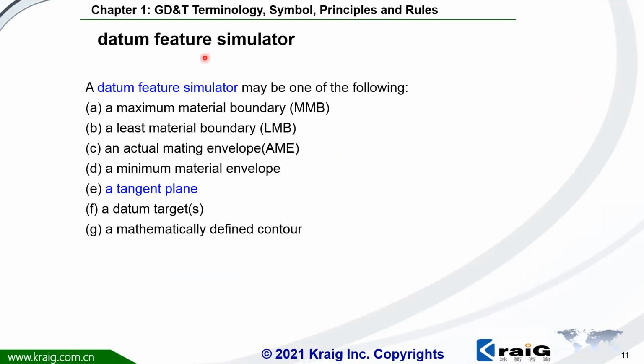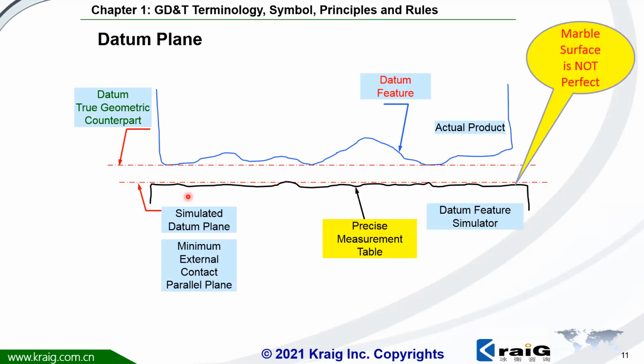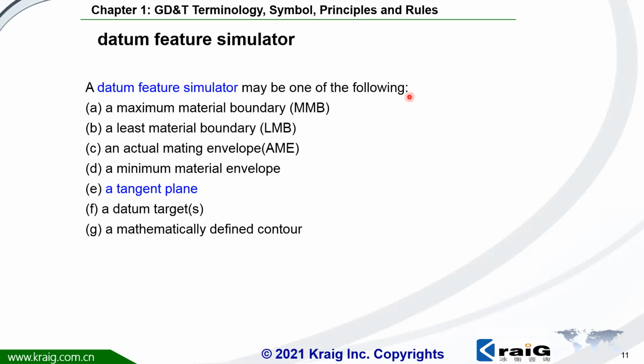As we mentioned, datum simulator is the tangent plane. What is the tangent plane? It's the highest contact surface from the datum feature. So we call this the tangent plane. But actually, there are all kinds of different datum feature simulators or datum simulators.